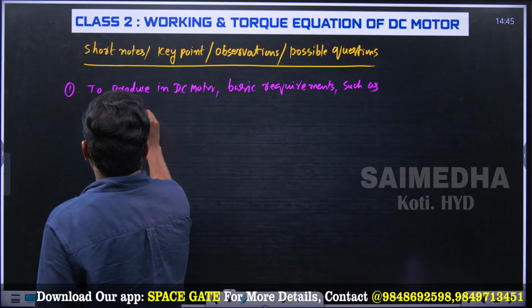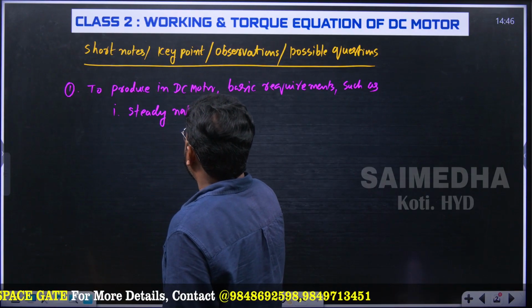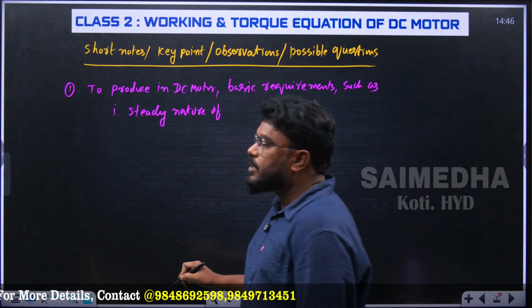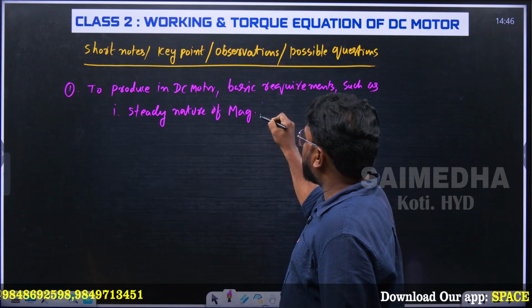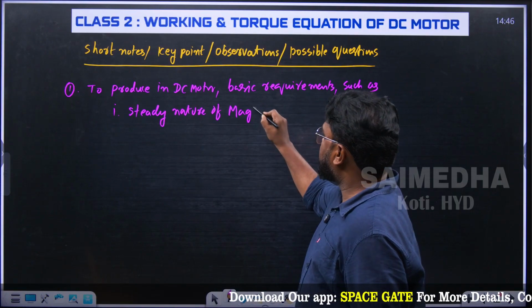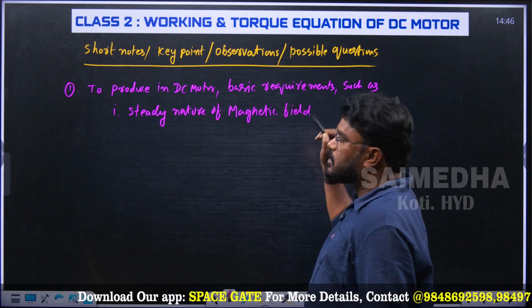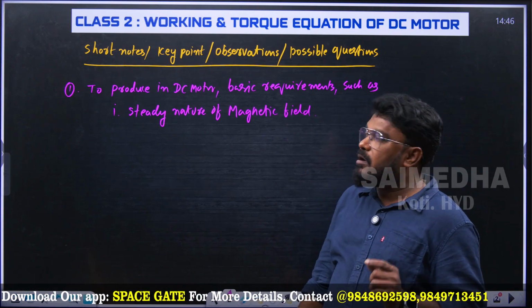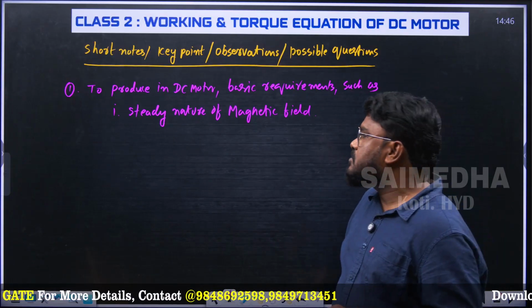So these are one of the basic requirements to produce the torque in the DC motor.